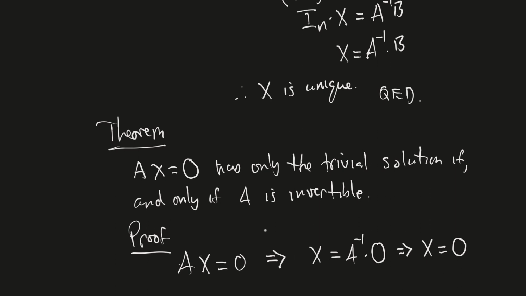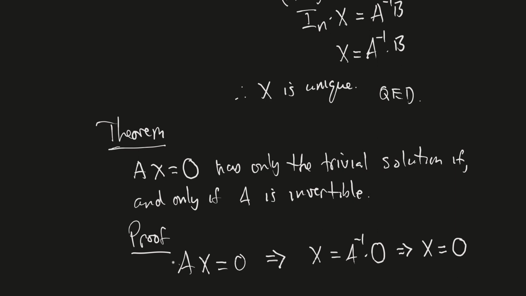Now, I've only proven one direction of this statement, to say that if the matrix is invertible, then the homogeneous system will always have just the trivial solution. I'm not going to prove the reverse.